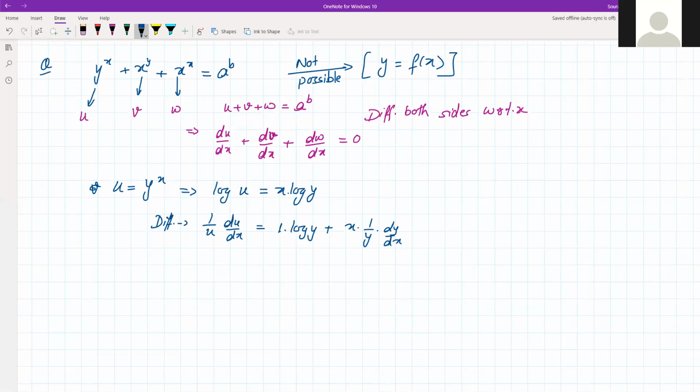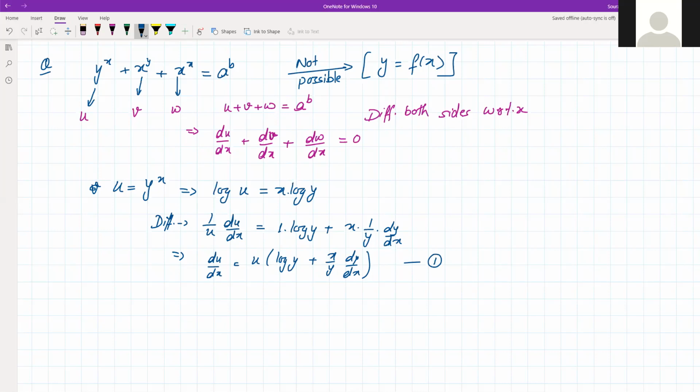Right? So from this, I can say that this du by dx is equal to u into log y plus x by y dy by dx. So this is our first expression, from where we got du by dx, because that's what we wanted.